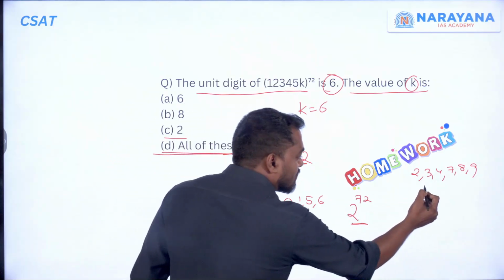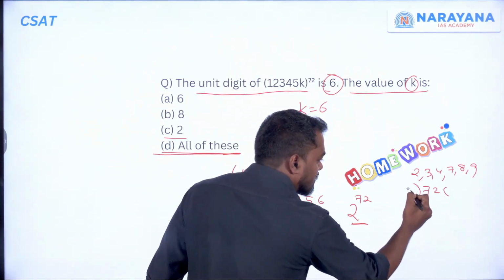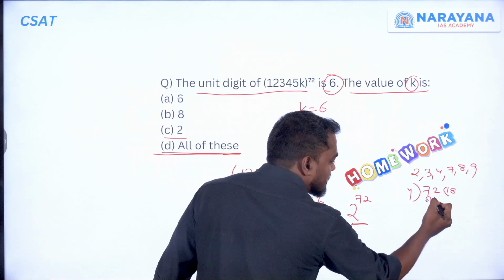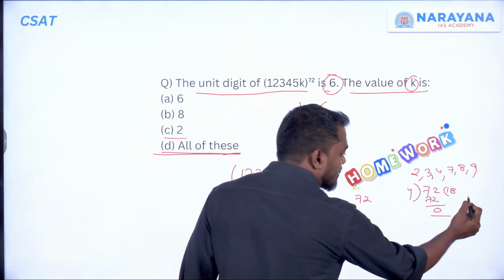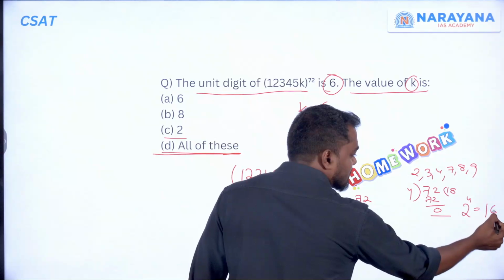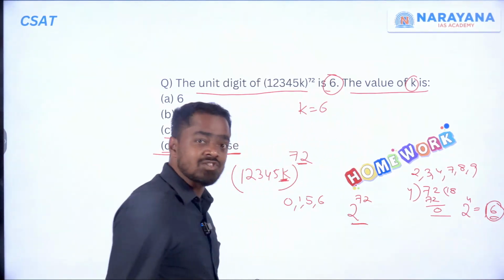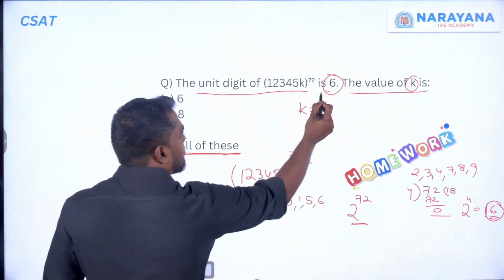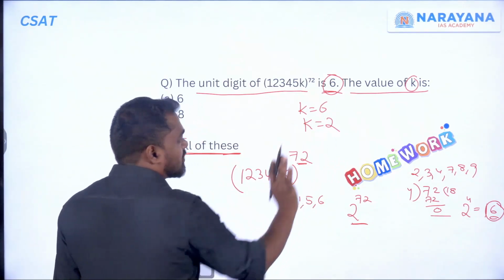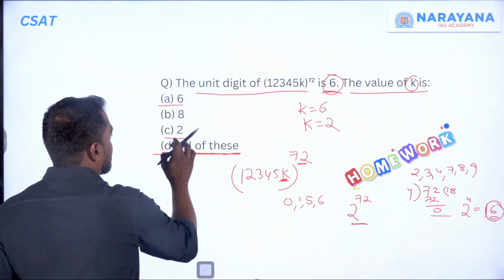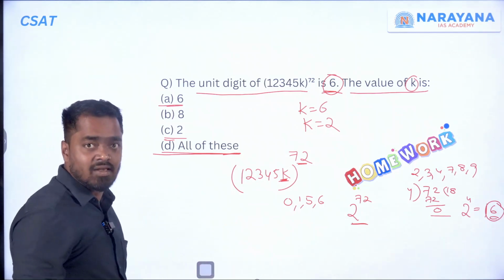Now 72 is the power. Divide by 4, 4 18s are 72, remainder 0. Now what is the unit digit? 2 to the power 4, that is nothing but 16. Again you are getting 6 as unit digit. So k's value can be 2 also. 6 and 2, A and C.